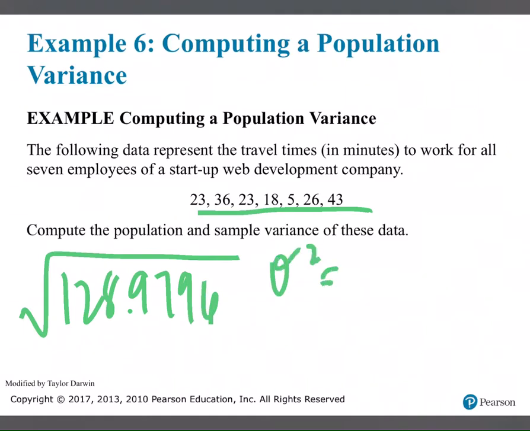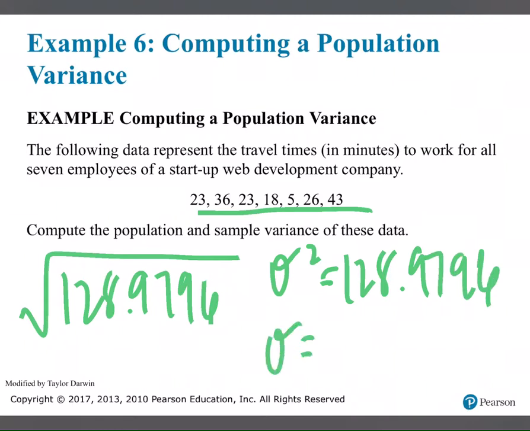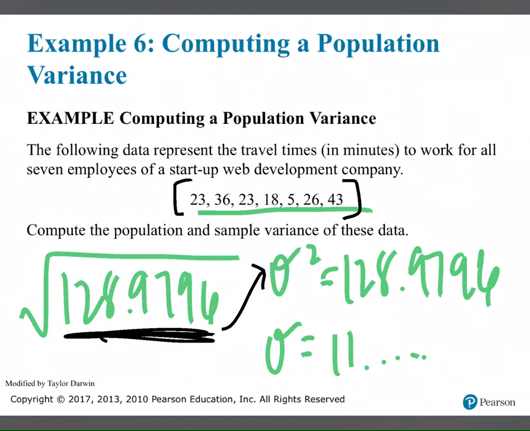So that variance is that 128.9796. And then that standard deviation is the number that happens when you square root it and go from there. So that population variance is always right before you square root it. And this is the example that we did earlier when we wanted to find standard deviation.